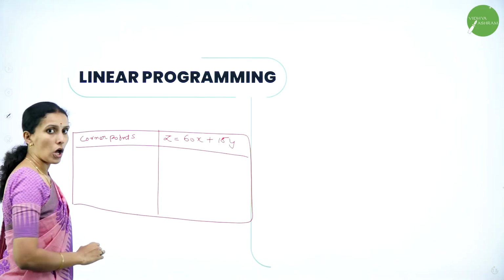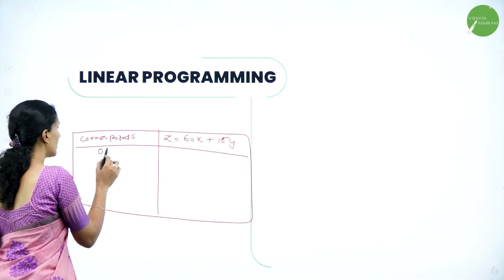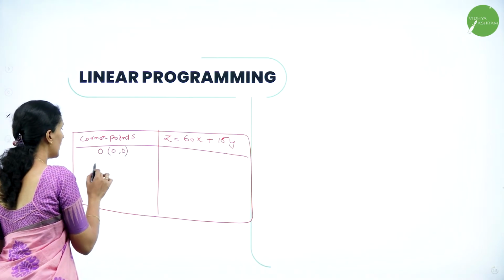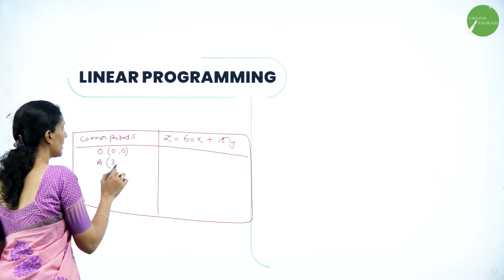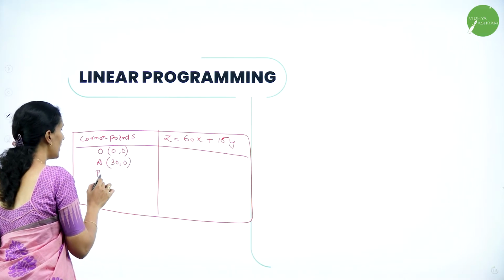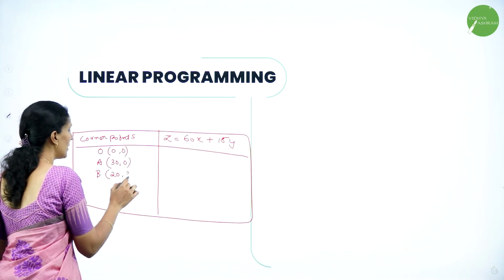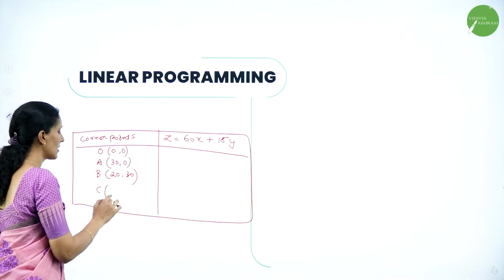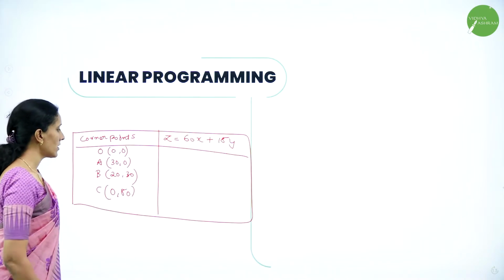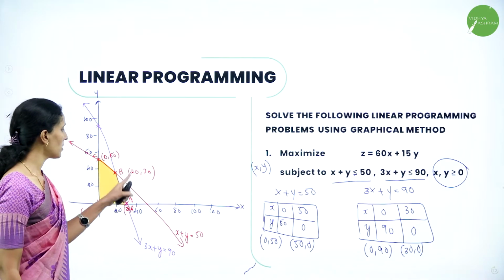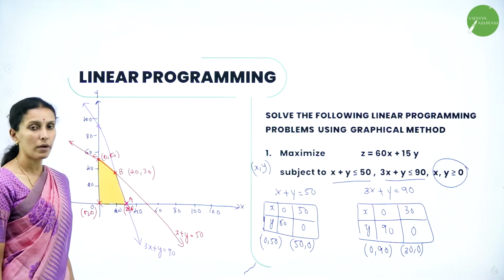So let's write the corner points now. One is (0, 0). Next, A is (30, 0), B is (20, 30), and C is (0, 50).